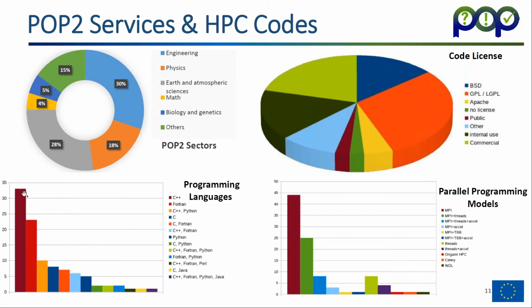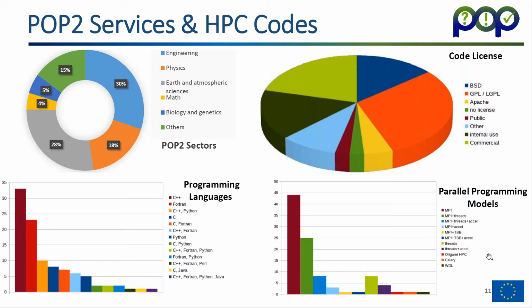C++, Fortran are the two most popular ones, but we increasingly see Python coming into play in certain cases as well. And in terms of parallel programming models, MPI is the main one, but we're increasingly seeing combinations of MPI with threading or combinations of MPI with accelerators, and also threads and accelerators and MPI and everything being mixed in together.